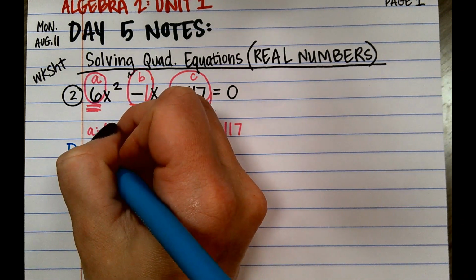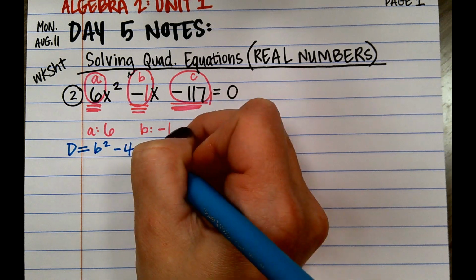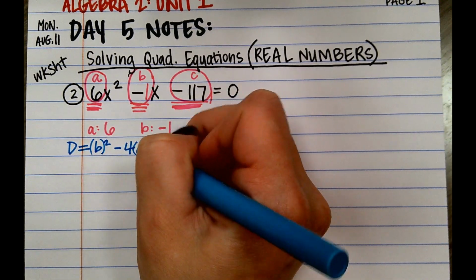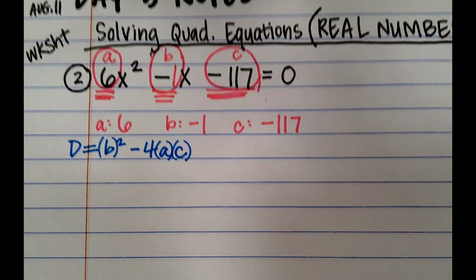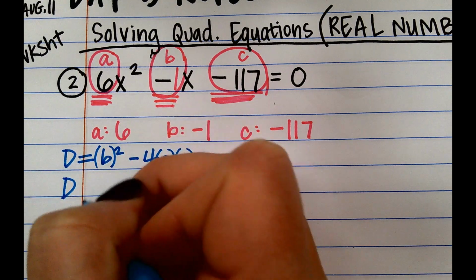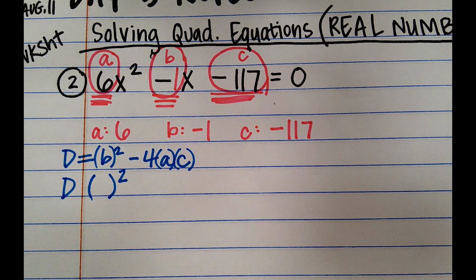So, the discriminant is, I'm going to write that formula again, b squared minus 4ac. And if it helps, put the parentheses. I think that always helped me. Okay, so plugging things in. What goes in the first blank?